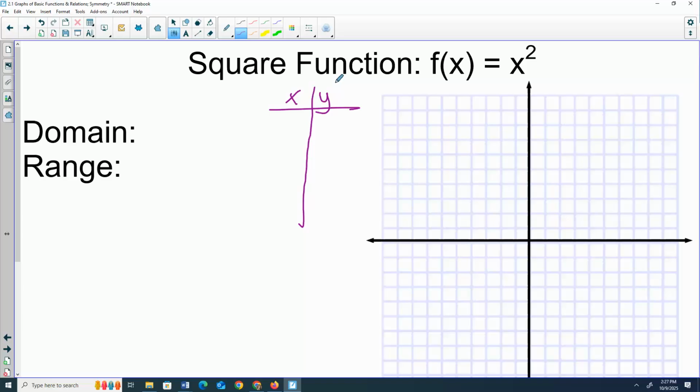So if I plugged in 0, 0 squared, 0. I put in 1, 1 squared is 1. I plug in a 2, 2 squared.